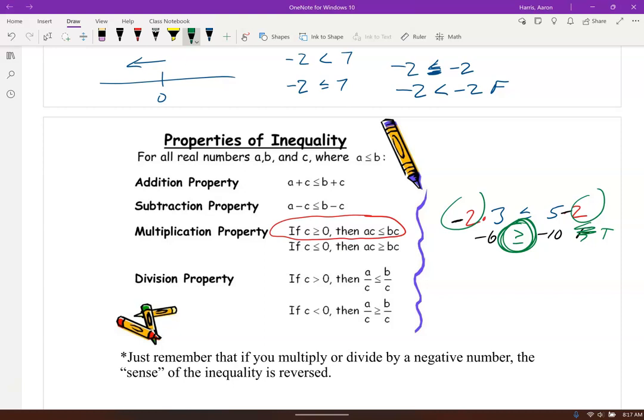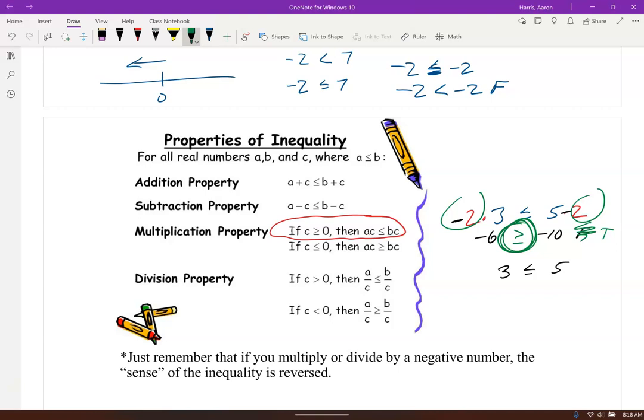Same thing if you're dividing both sides by a negative. If you have 3 is less than or equal to 5, and you divide both sides by positive 2, it stays the same.